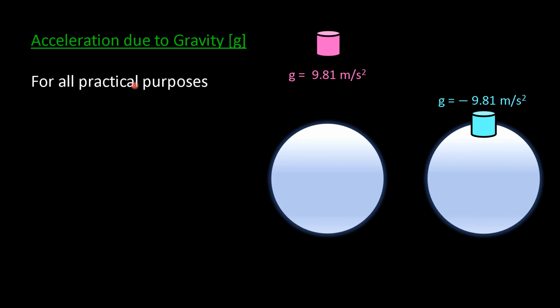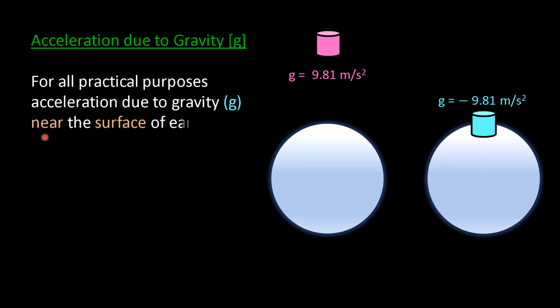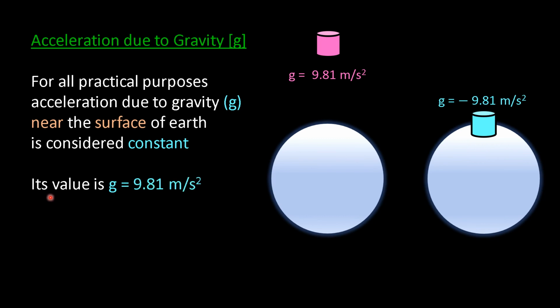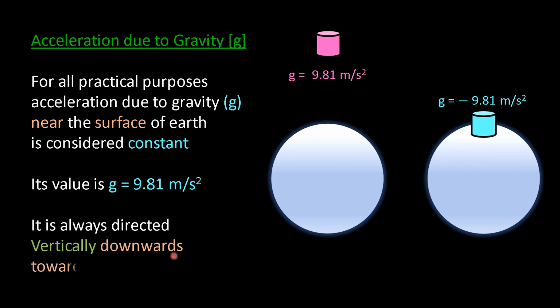For all practical purposes, acceleration due to gravity, which is denoted by small g, near the surface of Earth is considered to be constant. Its value is 9.81 meter per second square. Acceleration due to gravity is always directed vertically downwards towards the center of the Earth.